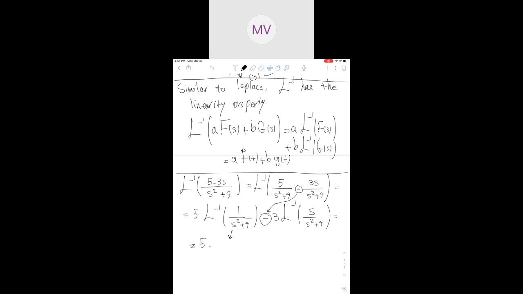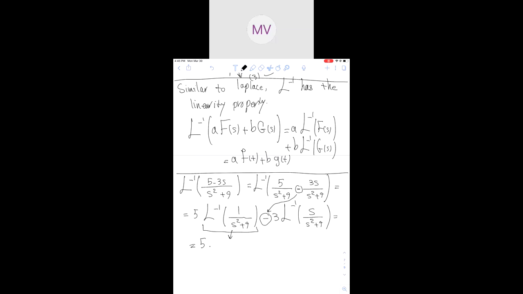No, I already have 5t, so don't worry about it. I'm only asking about the Laplace inverse. Ignore 5. We have no 5 in there. Let me explain it this way. Let's start with the, you got it. 1/3 sine 3t. There you go.